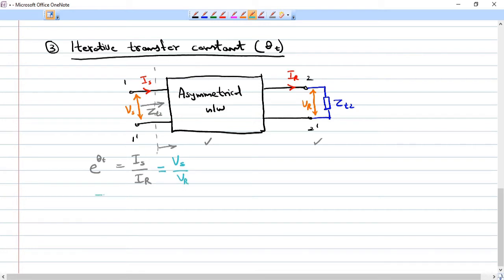So we define the iterative transfer constant theta t as the ratio of the sending end current to the receiving end current. Also theta t is a complex quantity which is equal to AT plus j BT, where AT is called the iterative attenuation constant and BT is called the iterative phase constant.